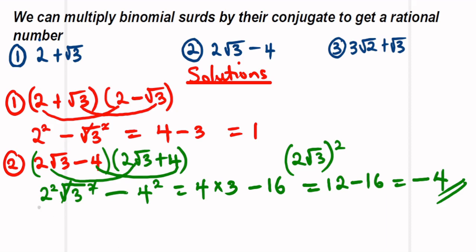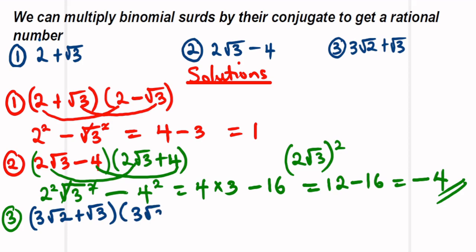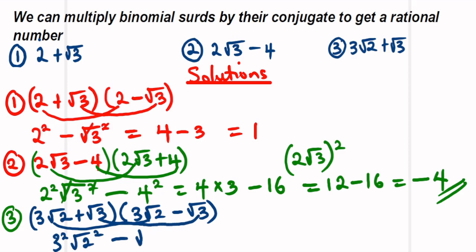Now let's do the last one here, number 3. For number 3, we have 3 root 2 plus root 3. Now what is the conjugate of this surd? The conjugate of this surd is 3 root 2 minus root 3. So now we'll multiply this together, we'll get 3 square root 2 square. Then we'll have minus, when we multiply root 3 times minus root 3, we'll get minus root 3 square.